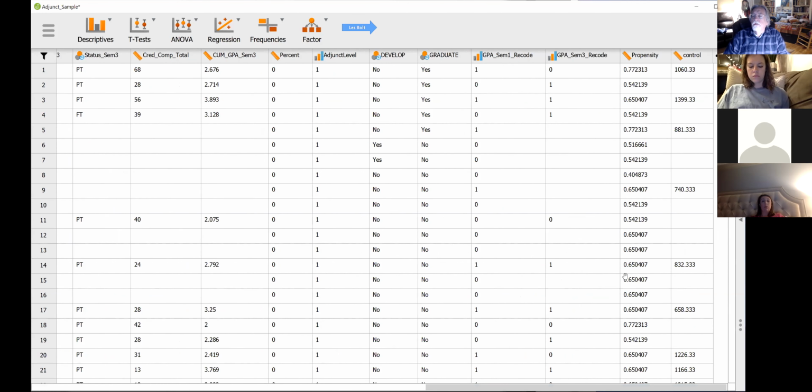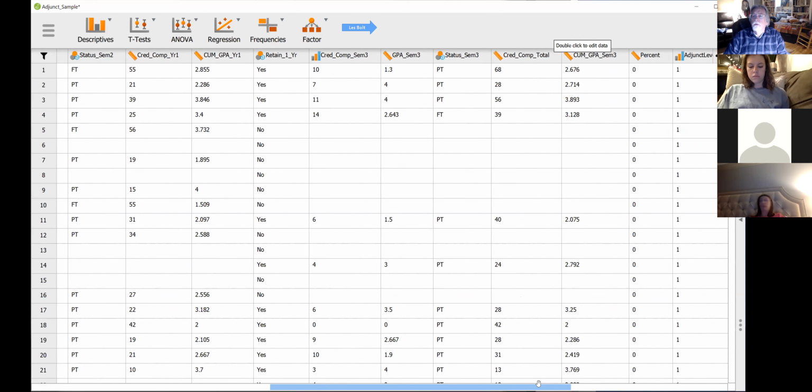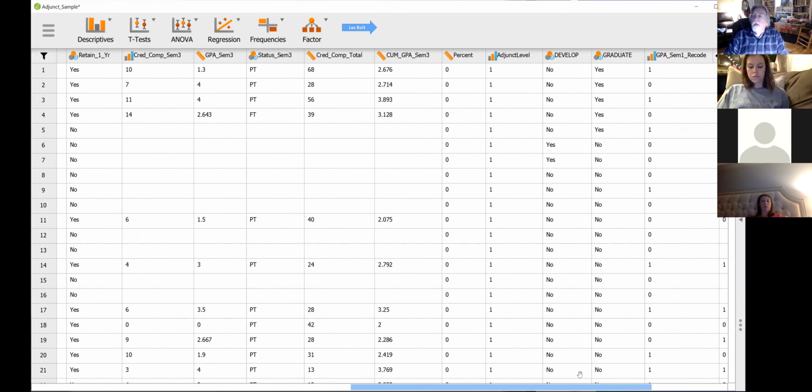This is a study that I looked at a few years ago, and I keep coming back to it because it's a pretty good example. It looks at, among entering community college students, are there things that predict which of those students will graduate?